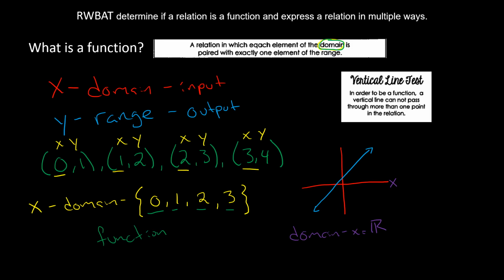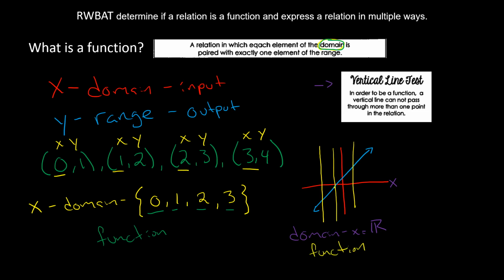And what we're going to notice here is the vertical line test. That says in order to be a function, a vertical line cannot pass through more than one point in the relation. So when I draw this vertical line anywhere through the relation, it's only going to cross it once. If I draw it somewhere over here, how many times does it cross? Just once. And over here, just once. So we could say that this is a function.